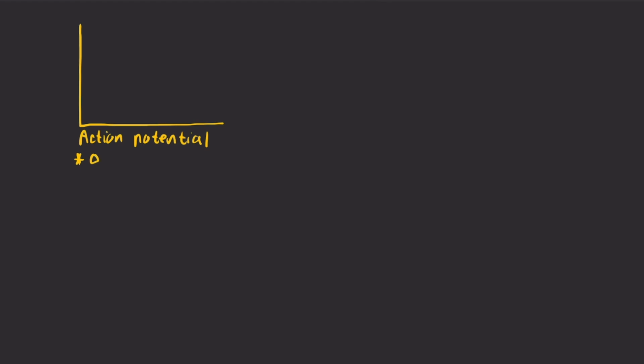So for multipolar neurons and bipolar neurons, this will happen at the axon hillock. Okay? That's where you will have these action potentials occurring.